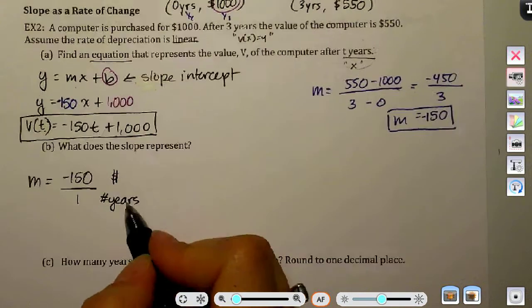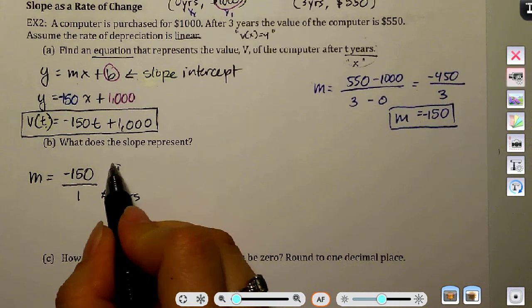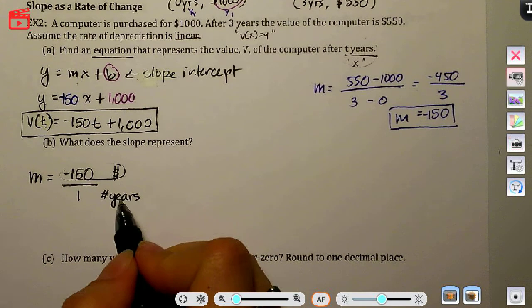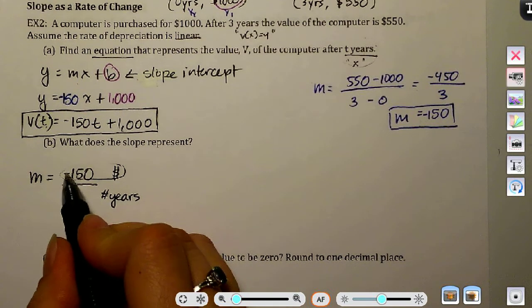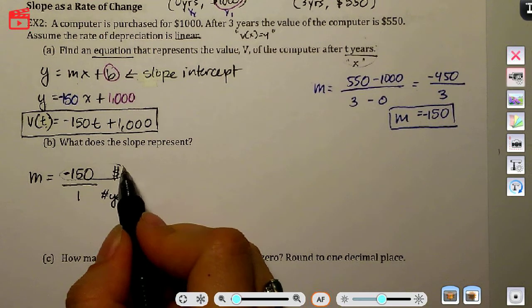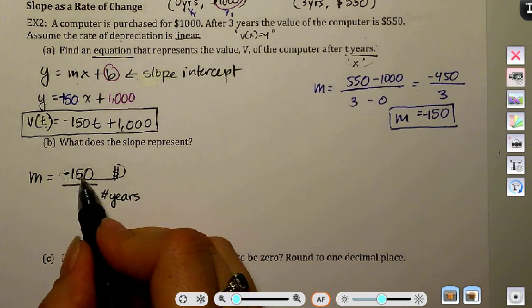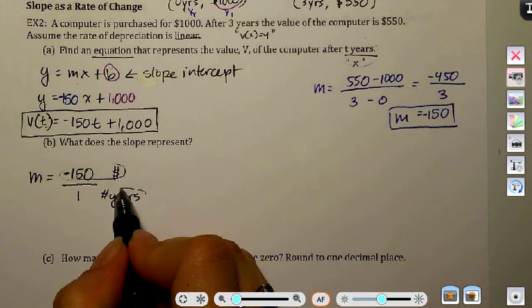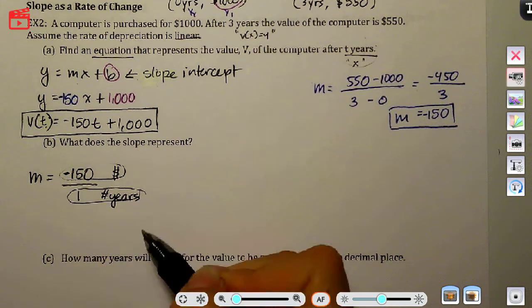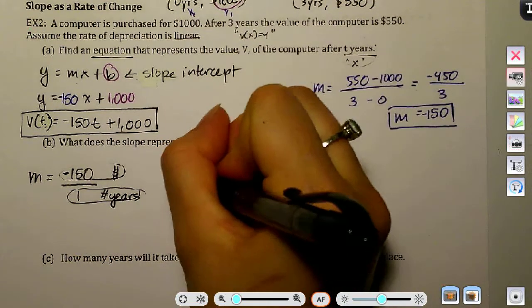So my slope is saying, am I losing money or earning it? Losing. It's depreciating, so the minus sign. So my computer's value goes down $150 every, how many years? 1 year.